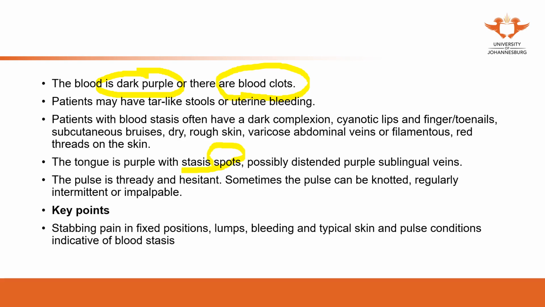We have spots on the tongue. In the tongue inspection, we have shown you some photos of this kind of blood stasis, stagnant blood tongue. The pulse can be hesitant, or choppy. So these are the common manifestations of blood stasis.